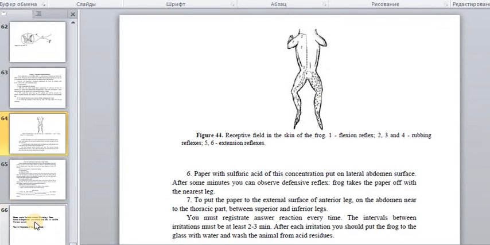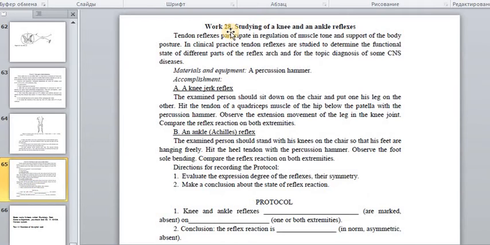So, and next, it's the end of our practical. We have some video about knee and ankle reflexes, at first for humans and then for animals.